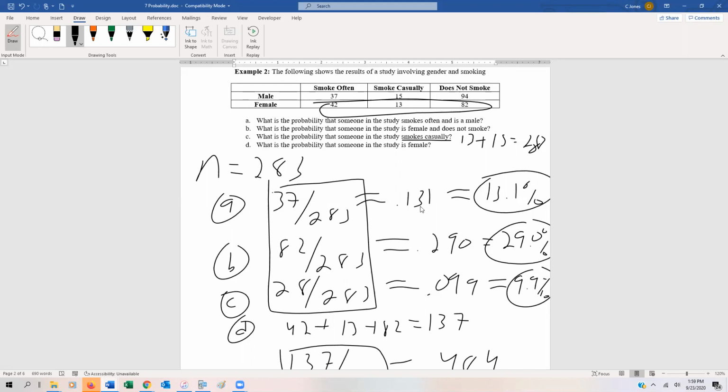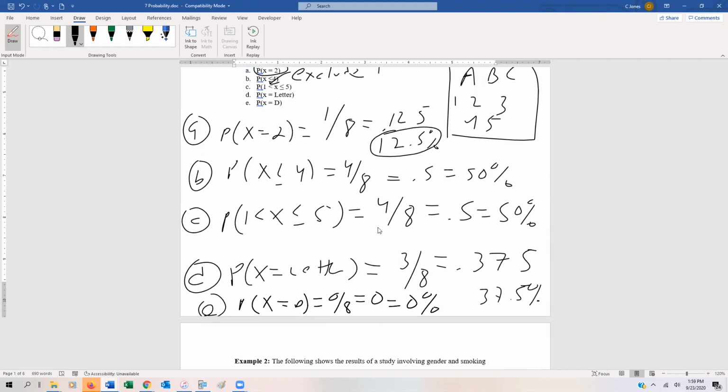If you reduce it, like for instance up here we had 4 out of 8, if you reduce that to 1/2, then somebody that's a probability person might think there was 1 success out of 2 opportunities instead of 4 successes out of 8 possible opportunities. So again, don't reduce the fraction, but do stick it into the calculator and get this decimal and that percentage. That'll be pretty helpful to anybody else that's looking at this.